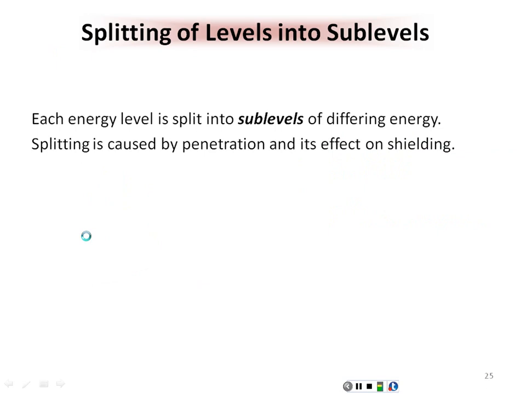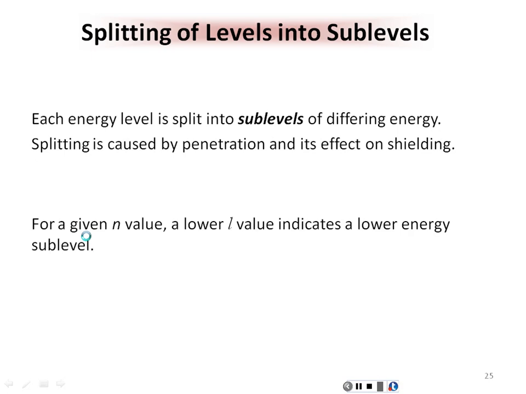So each energy level is split into sublevels of different energy. And as we've seen, these splittings of energy levels are caused by penetration and shielding. For a given n value, a given principal quantum number, a lower L value is going to have a lower energy sublevel.